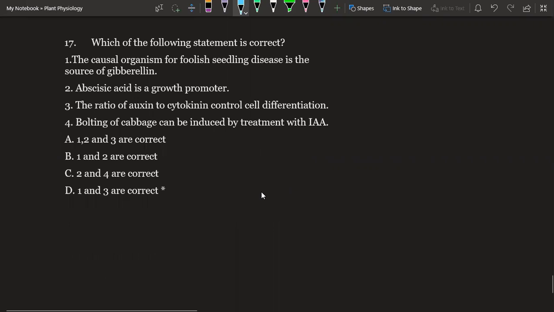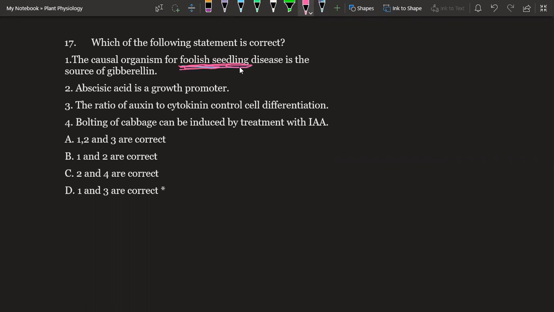Next question is that some statements are given, which of the following statements is correct? The causal organism for foolish seedling, I think you remember, the bakanae disease.